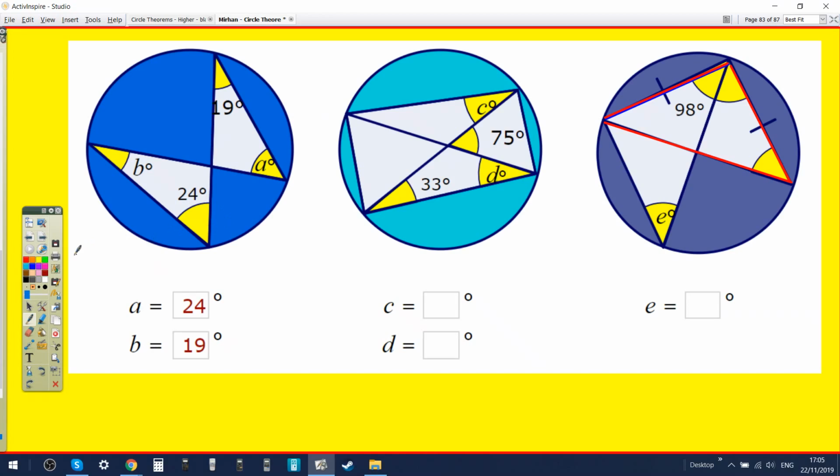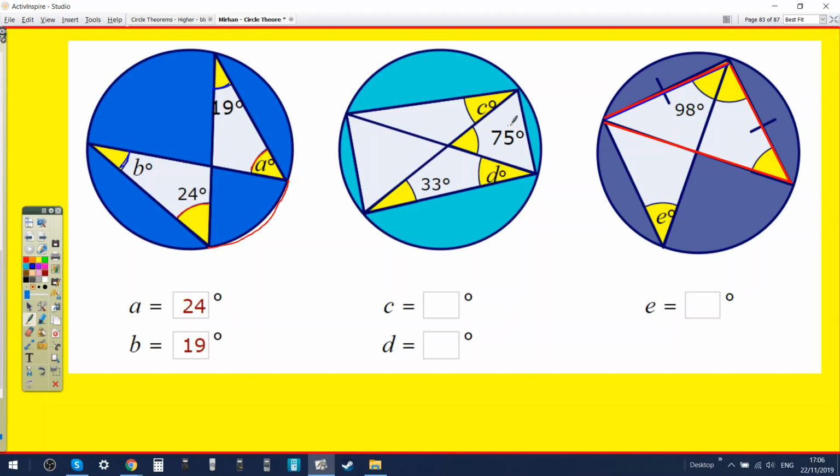They are what's called subtended on the same arc. This is the arc here, and you've got these two sitting on the same arc. That means these two angles are the same, and these two angles are the same as each other.